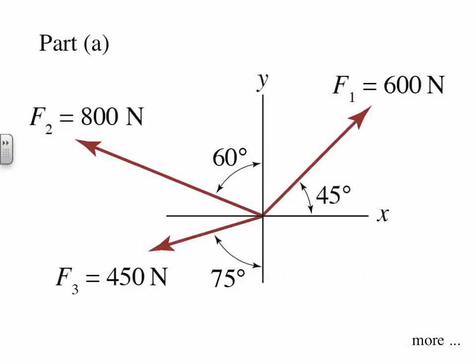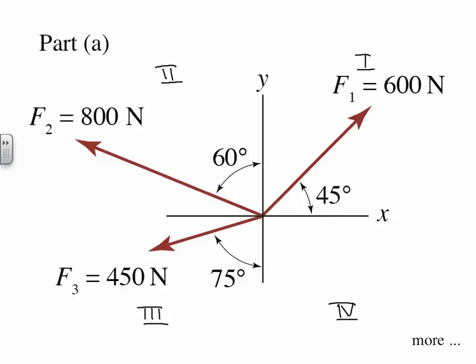Once again, we can declutter our figure by removing everything except the three forces. Before we resolve the forces into components, let's take a moment to label the four quadrants 1, 2, 3, and 4 in our xy coordinate system.